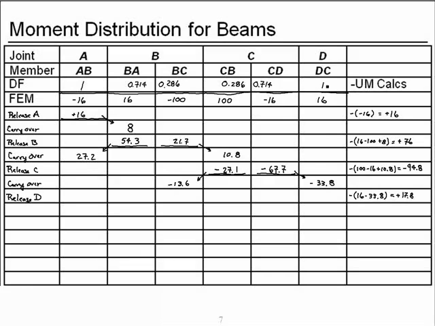My distribution factor is 1, so the entire 17.8 gets put back into member DC, which brings that node into equilibrium. We clamp it down, but there is carryover to the other end. Half of 17.8 is 8.9 foot kips. And that was our carryover.